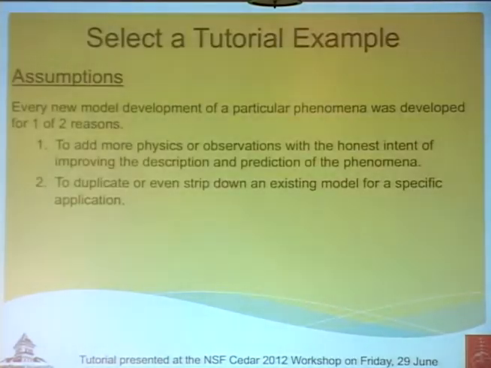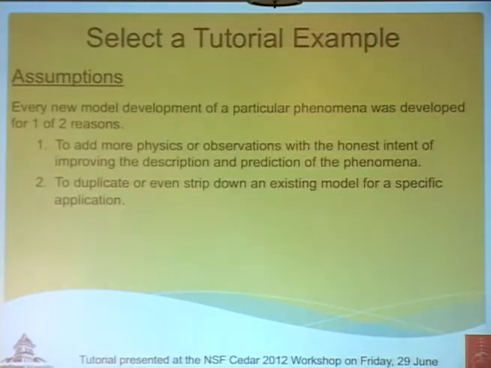So let's try harder. We're going to select a tutorial example and work through it. We'll make some assumptions. The first thing is, modelers, like experimenters and other scientists, develop for one of two reasons. The first is to add more physics or observations with the honest intent of improving the description and prediction of the phenomena.